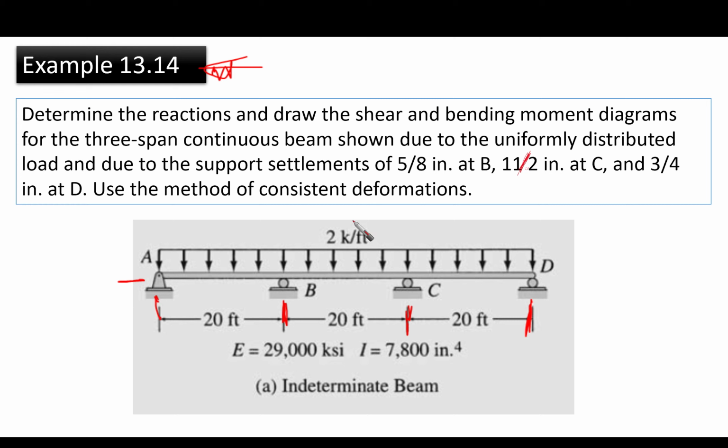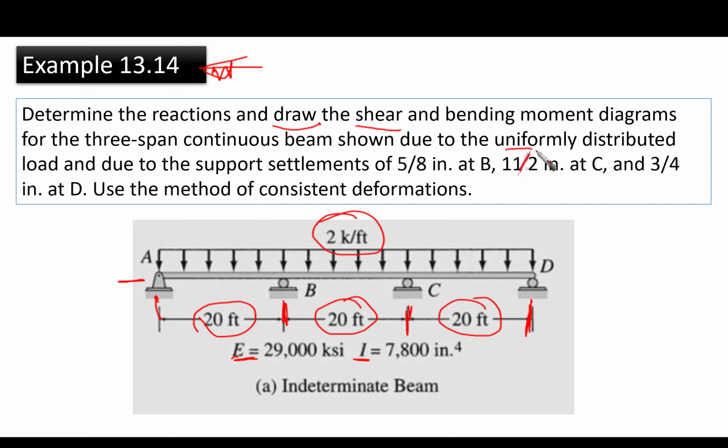It is loaded with an external load of 2 kips per foot, and we are given Young's modulus and the moment of inertia for the cross section. The length is 20 feet for each span. We want to draw the shear and bending moment diagrams for the three-span continuous beam shown.